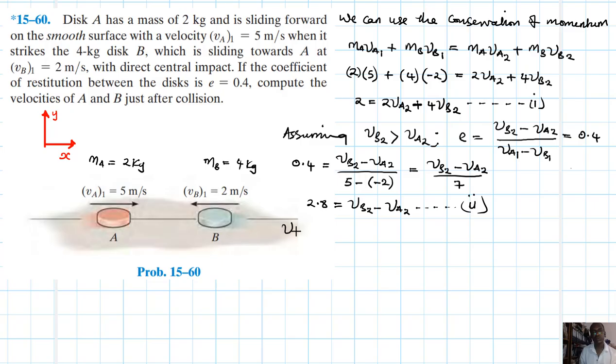So writing this, we'll have vB2 is equal to 2.8 plus vA2, and then this becomes 2 is equal to 2 vA2 plus 4 times (2.8 plus vA2).